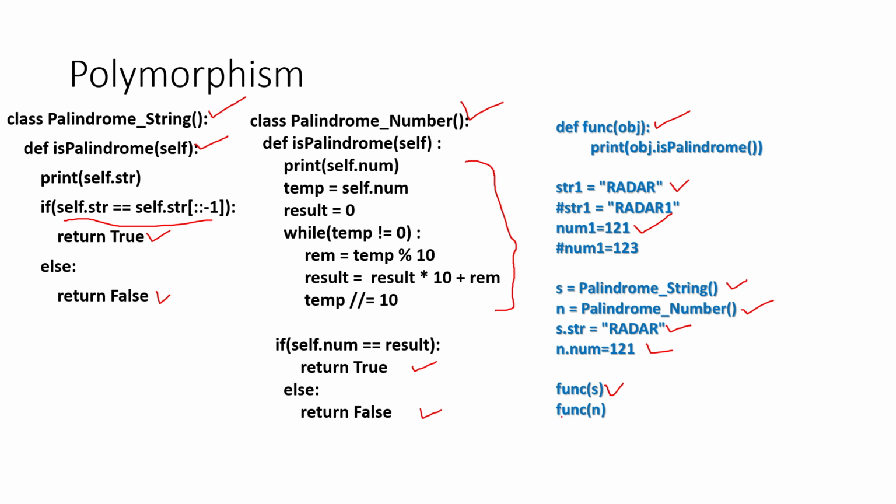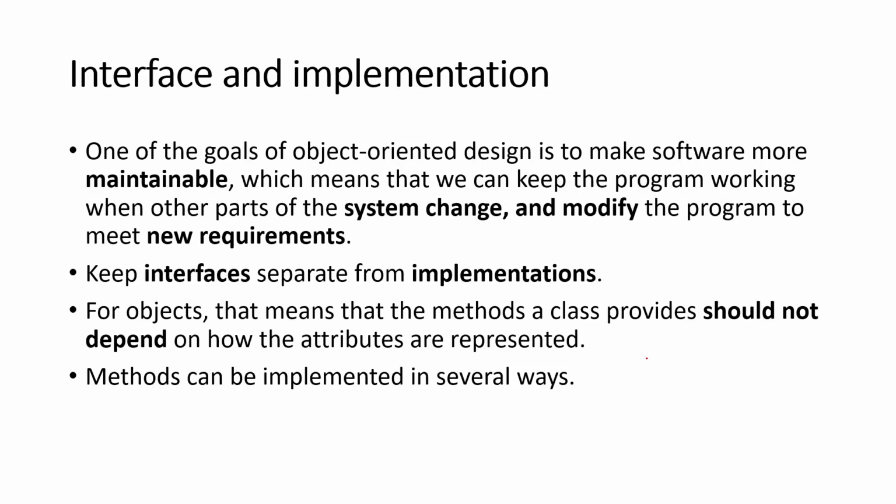In the second case, object n is passed, that is of type class palindrome number. The method associated with that class is this one. This is called. So this is an example for polymorphism.